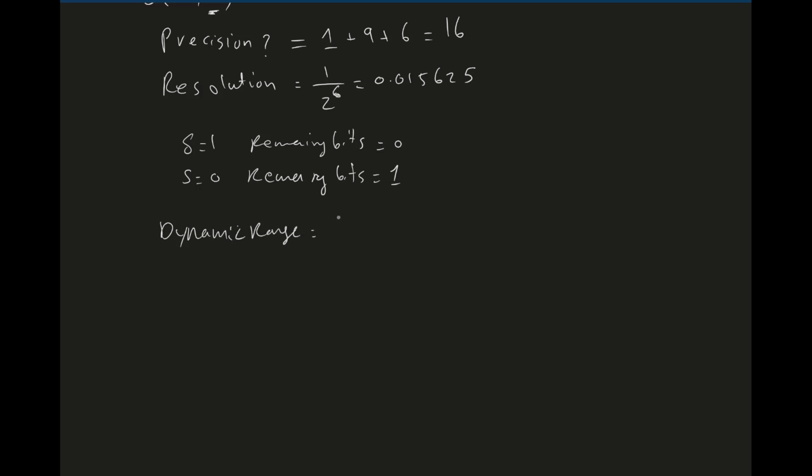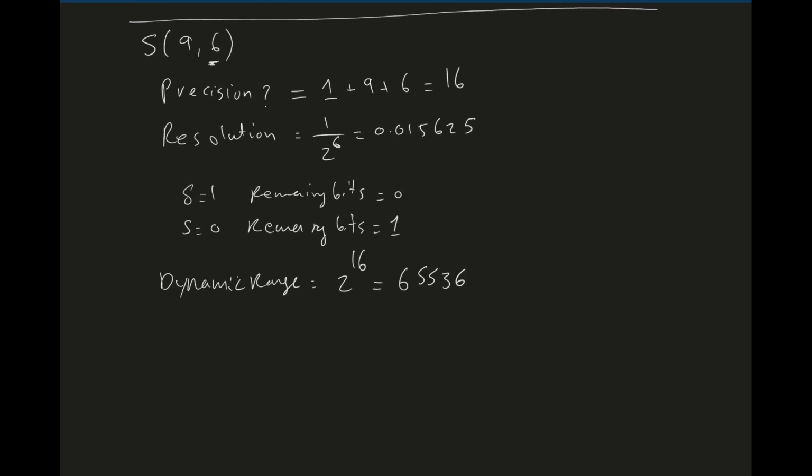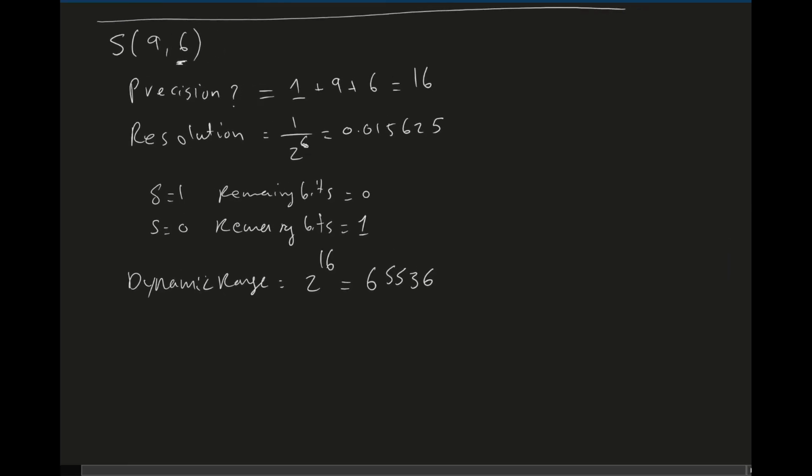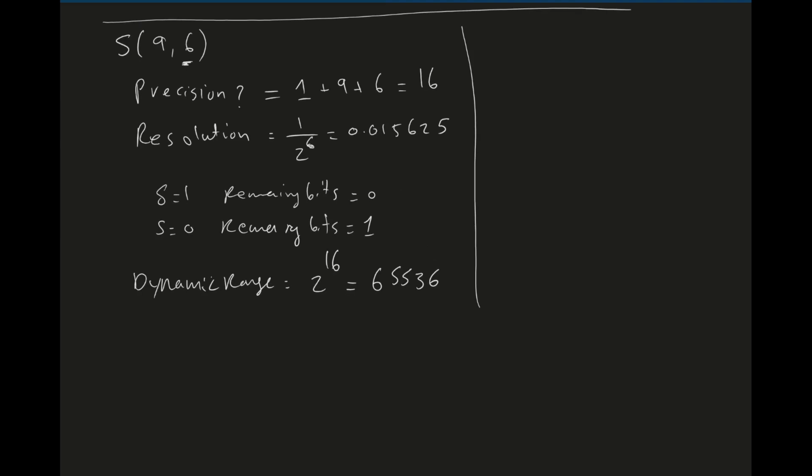is basically 2 to the number of bits that you have, so 2 to the power of 16, which is 64K, so 65536. Okay, so now again, if you want to compare this, for instance, to unsigned 10.6, you do the same thing.